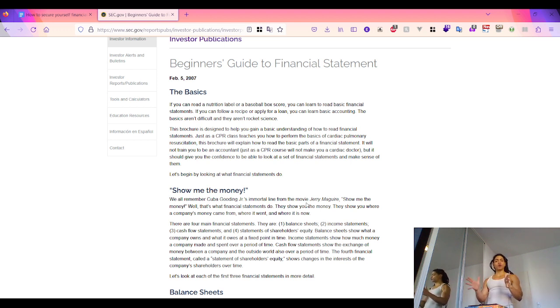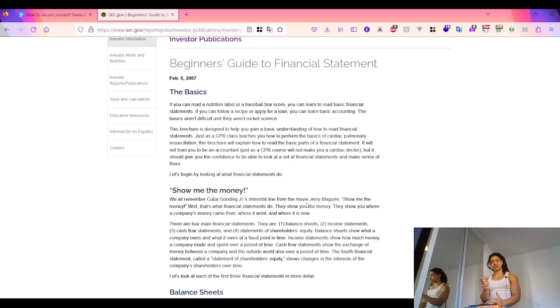Financial statements, after all, show you the money. From Cuba Gooding Jr. in the famous line from the Jerry Maguire movie, "Show me the money." That's exactly what financial statements do. And you have four of them. The balance sheet shows what a company owns and owes at a fixed point in time. Income statements show how much money a company made and spent over a period of time.